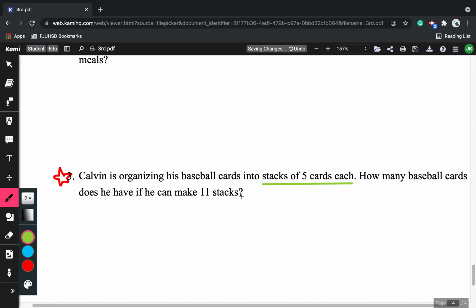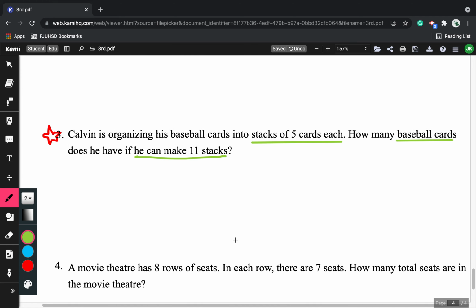How many baseball cards does he have if he can make 11 stacks? We know that one stack equals 5 cards. So in 11 stacks, we have to see how many baseball cards he has.